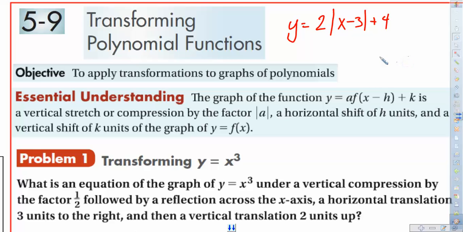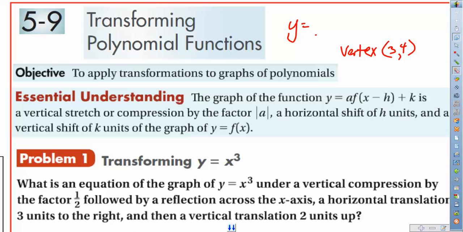Then we had to graph that problem, and your algebra teacher asked, where's the vertex of that absolute value function? And you said, well, that's easy. It's at 3 and 4. And then we knew that was a vertical stretch of 2. Then you graphed it, and all life was good.